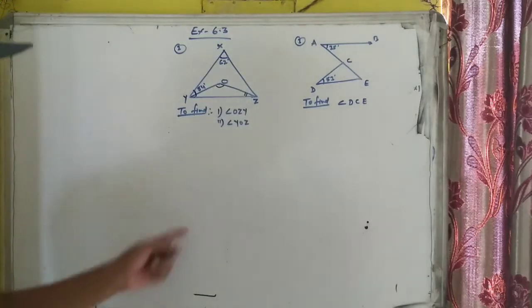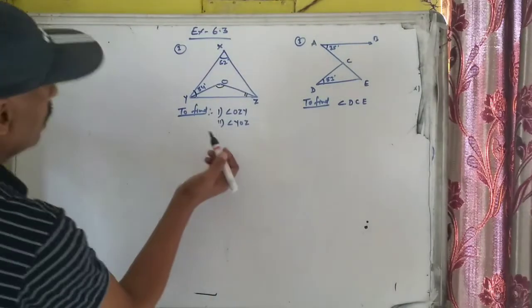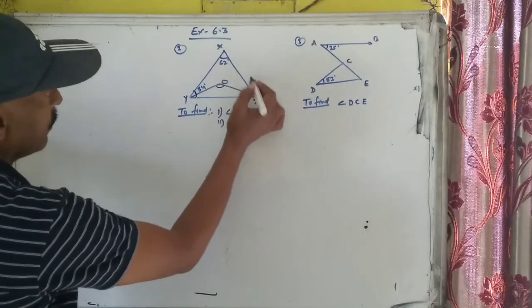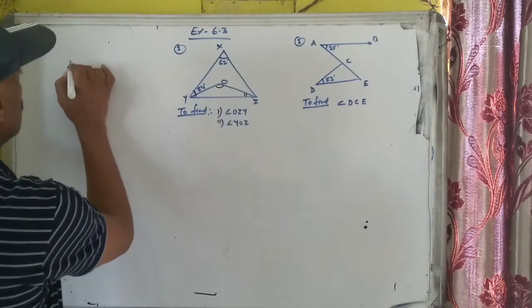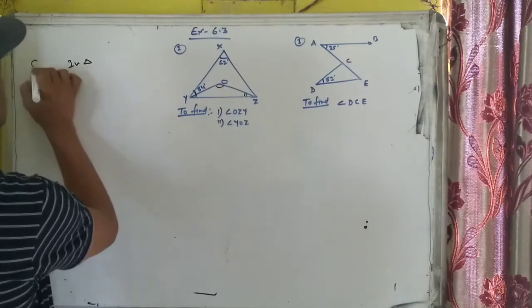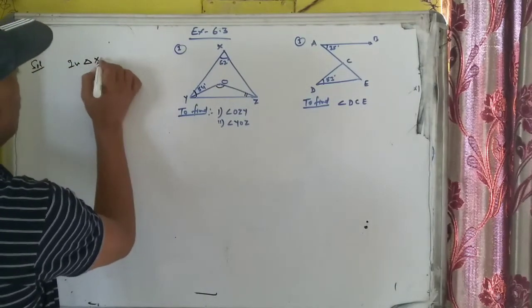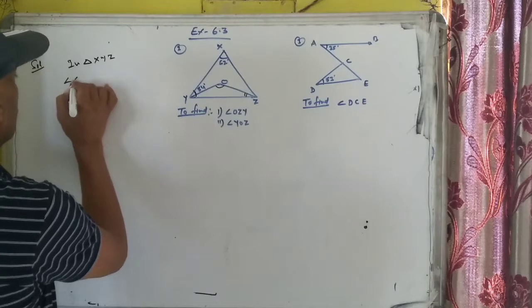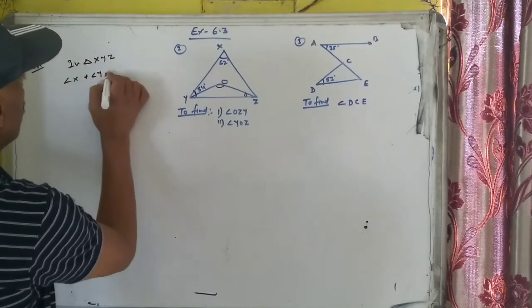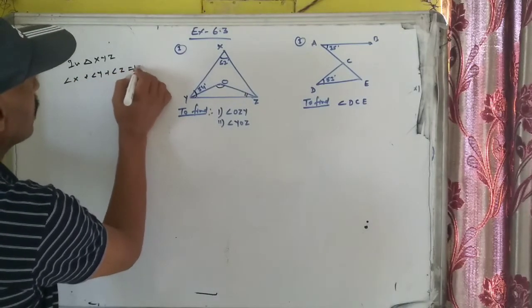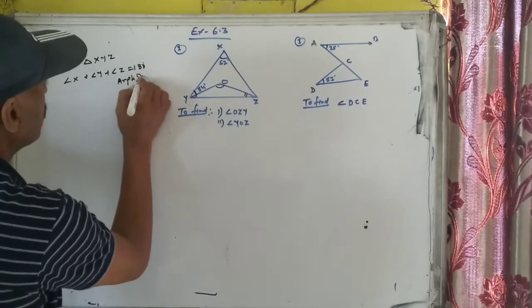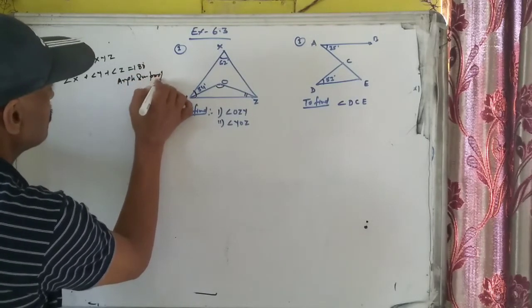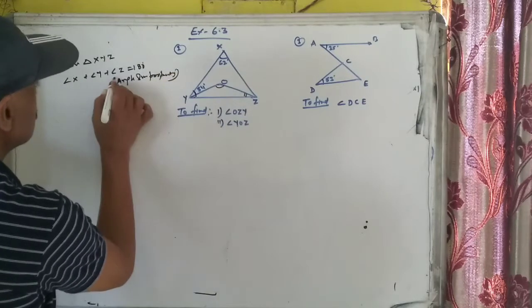Just look here in the second question. At first we are going to find out this one, this angle Z. So in triangle XYZ, angle X plus angle Y plus angle Z equal to 180. This is by angle sum property.